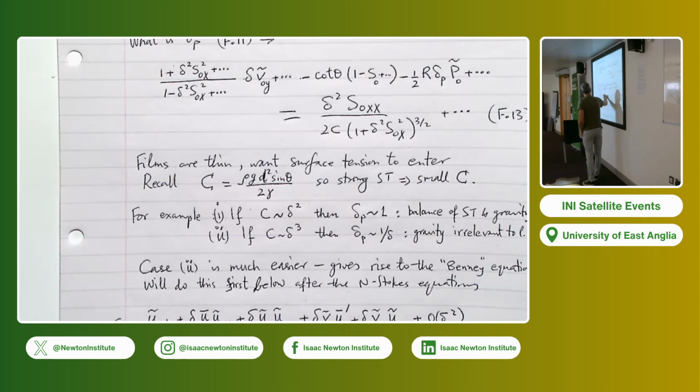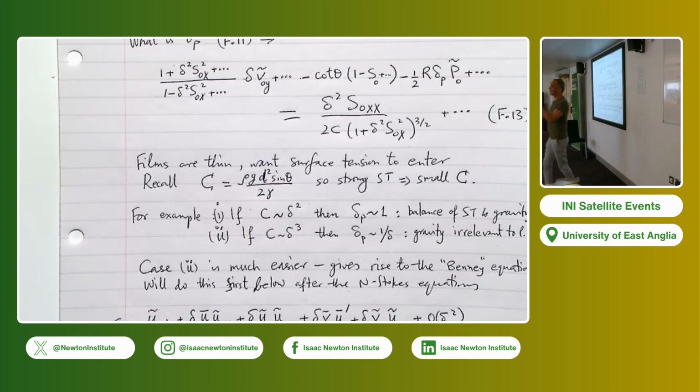So if surface tension is small, but not too small, say delta squared, then this gives me an order 1 value for the surface tension. That will drive a pressure with a delta P of order 1. So in other words, P0 will also be order 1. That's the balance. It will give me this balance between surface tension and gravity as well. So this brings surface tension, pressure, as well as gravity.